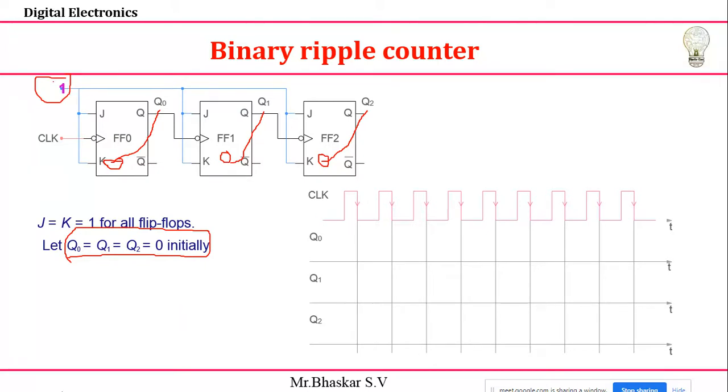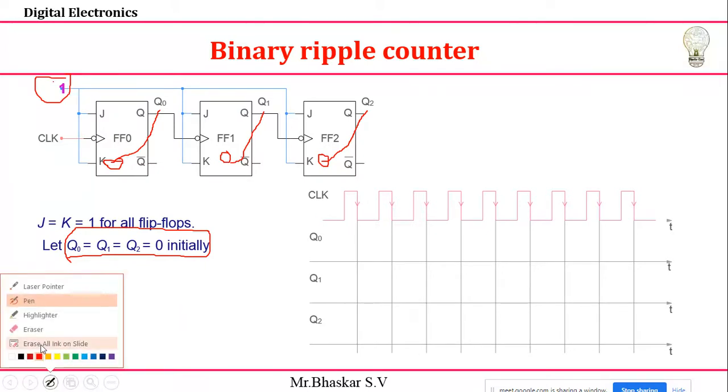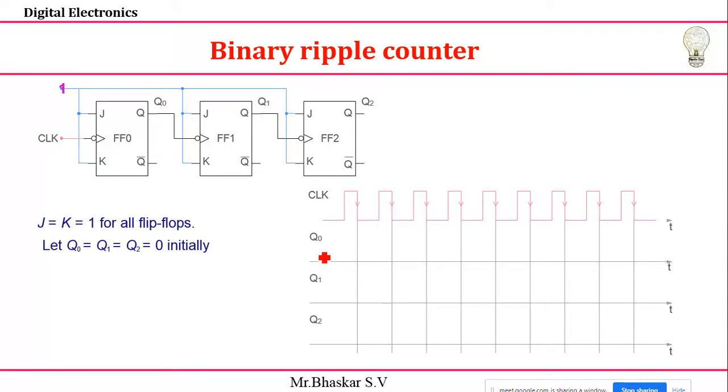Initially I'm going to make Q0, Q1, Q2 all 0, and first I'm going to analyze Q0. Initially my Q0 value is 0. Next, once the clock signal arises, JK values are 1, so every action takes place at the negative edge of my clock signal only.